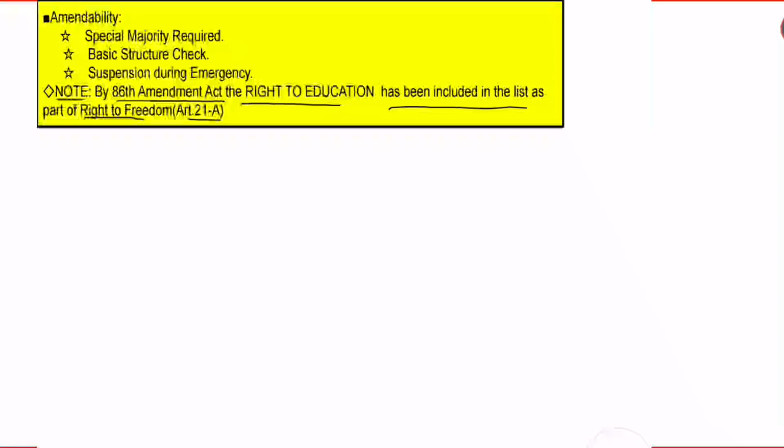But the fundamental rights under Article 20 and 21 are not suspended during the national emergency. Article 20 is protection in respect of conviction for offences, and Article 21 is the protection of life and personal liberty.